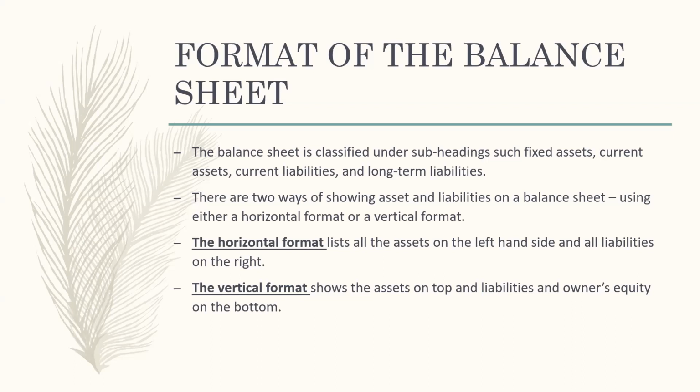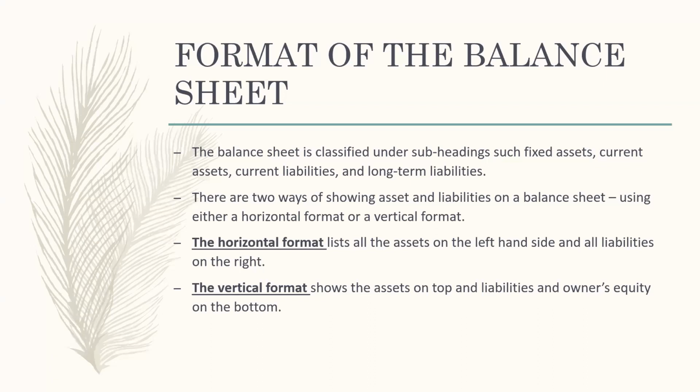Today, we are going to focus on the horizontal format, where it lists all the assets on the left side of the balance sheet and the liabilities on the right side of the balance sheet.